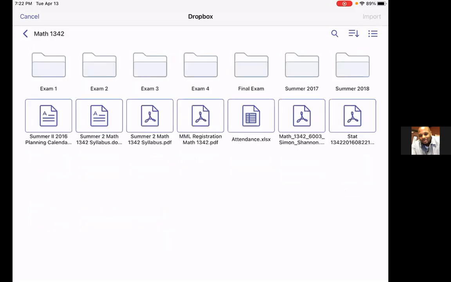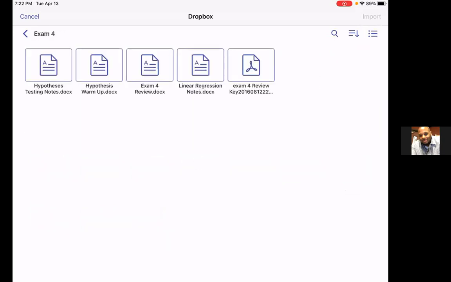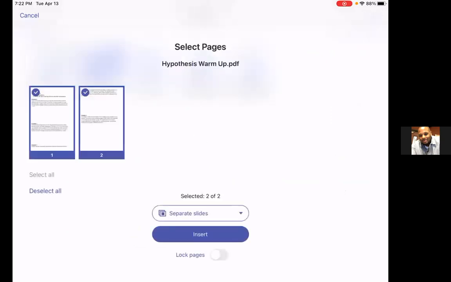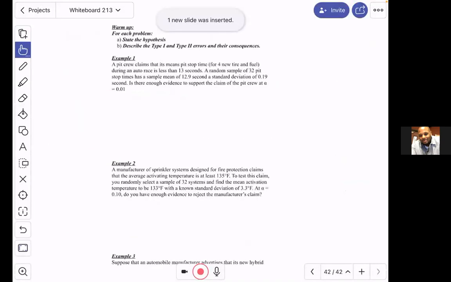These are all docs. Let's try that one. That's a hypothesis test. I don't want hypothesis test. My fault. Wrong documents.